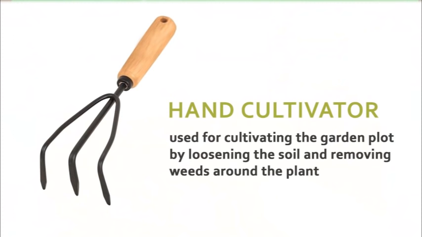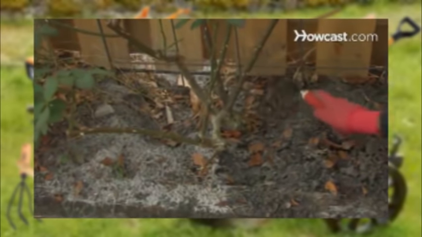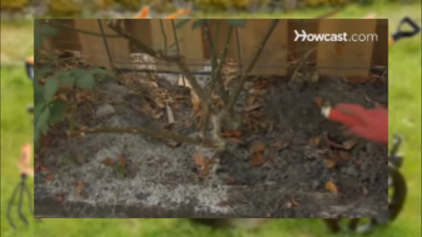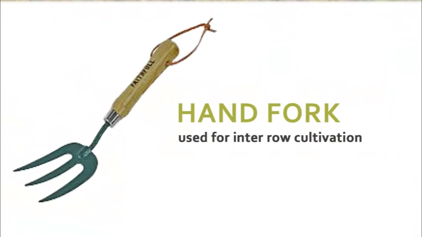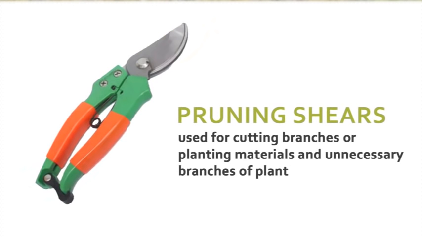Hand cultivator. It is used for cultivating the garden plot by loosening the soil and removing weeds around the plant. Hand fork. It is used for the inter-row cultivation. Pruning shears.